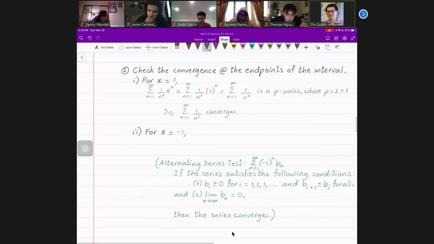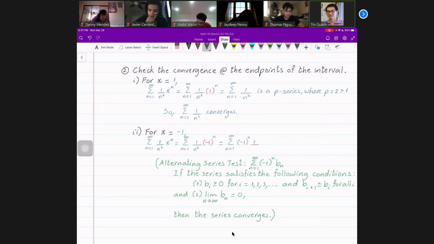So when x is -1, if you rewrite, you can write like this.